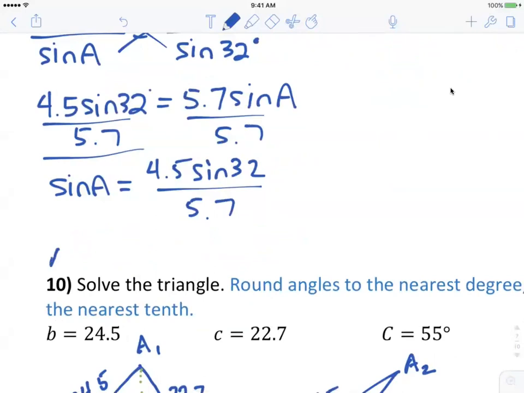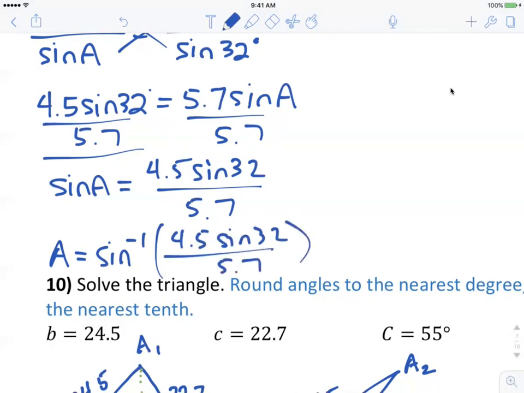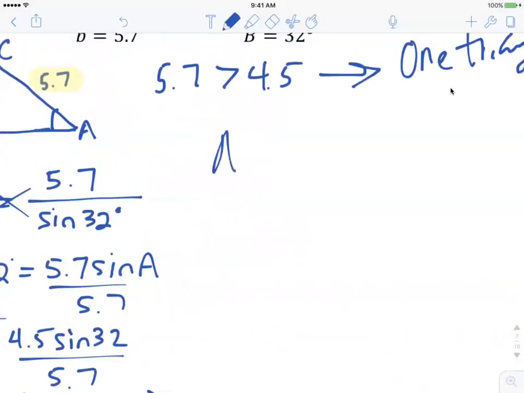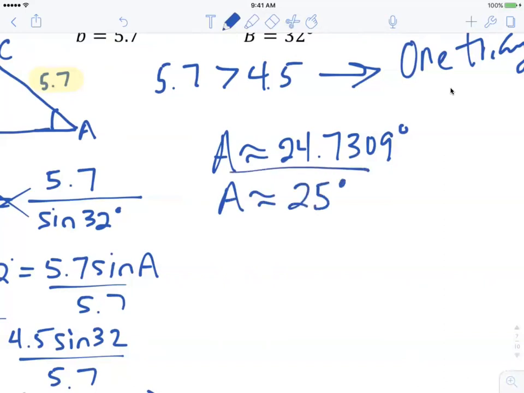And then finally to get the A, it's going to be sine inverse of all that stuff. And then that's what you're going to put into your calculator carefully. And then what do we end up with? I'll put it up here. So on my calculator, I'm getting about 24.7309. Okay, and this one says round to the nearest degree. So my final answer would be 25 degrees for angle A.